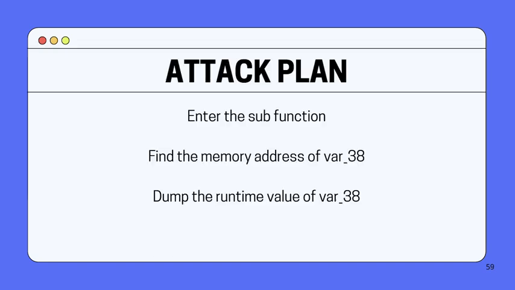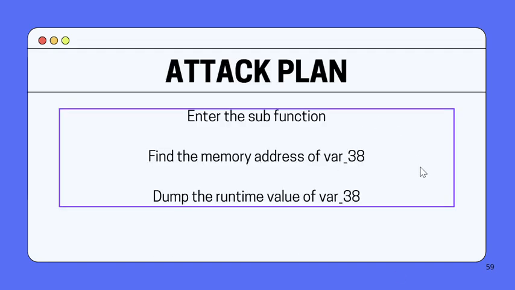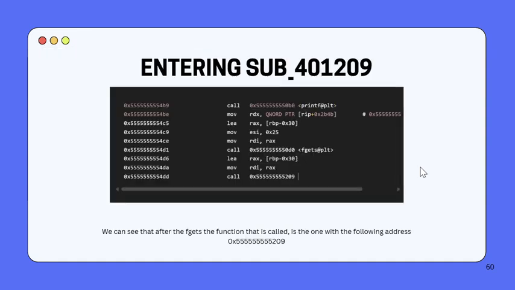And that's exactly the attack plan: to enter the subfunction, find the memory address of this so-called variable 38, and dump the runtime value of this variable. And for that, I used GDB.